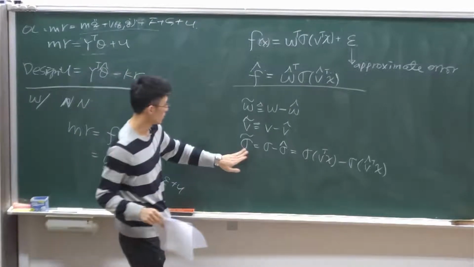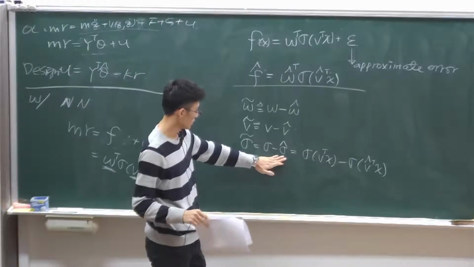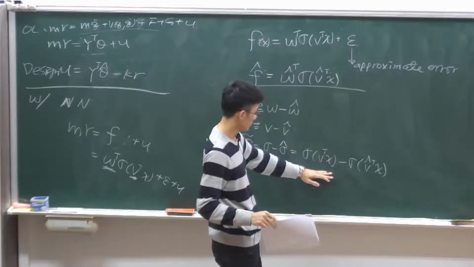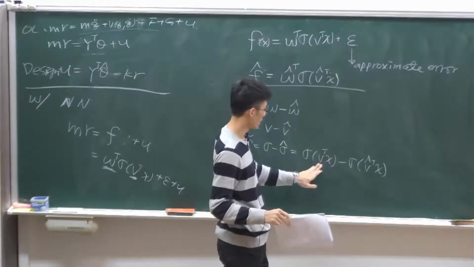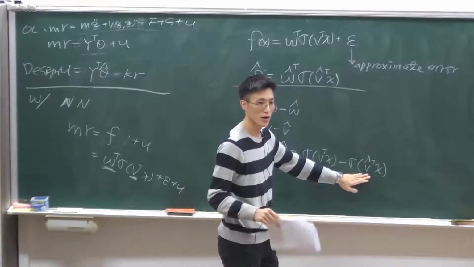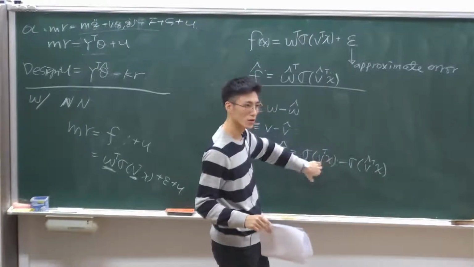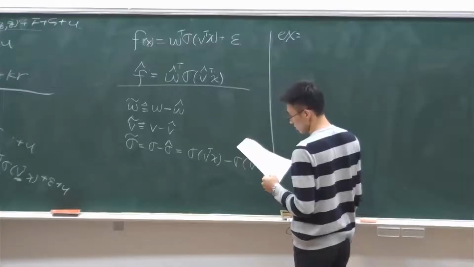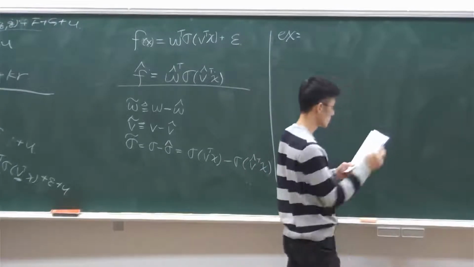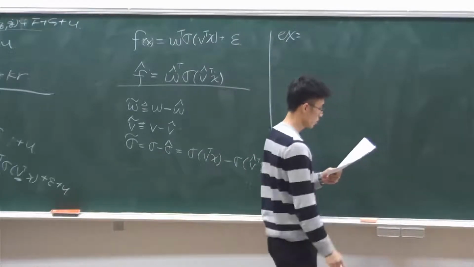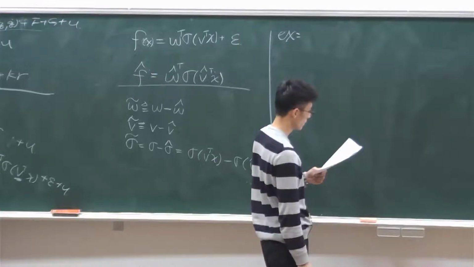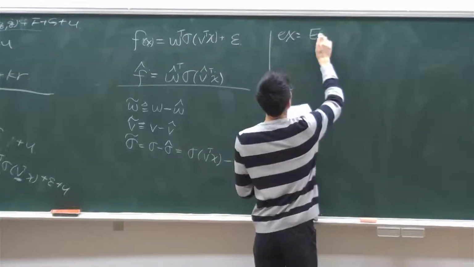The difference in the output of the activation function is the difference with the true V value and the estimate V value as an argument of the activation function. So now, how can we use this neural network, for example, in the Lagrange systems?